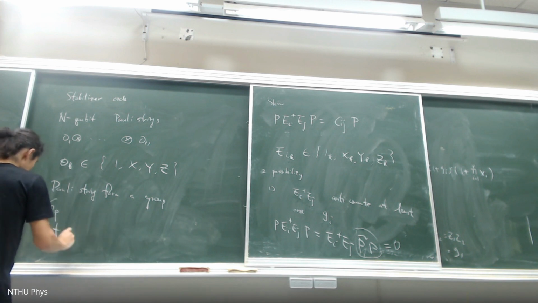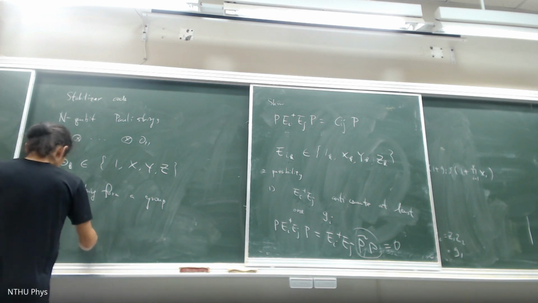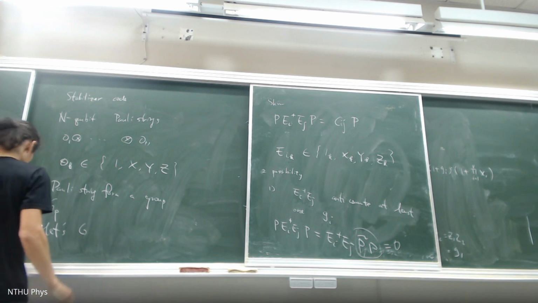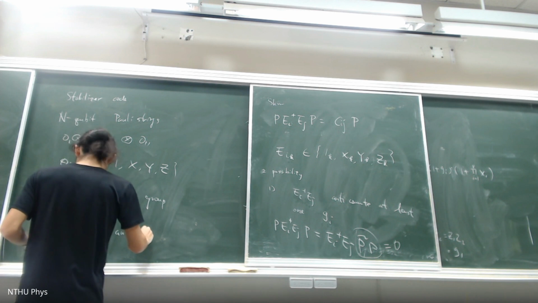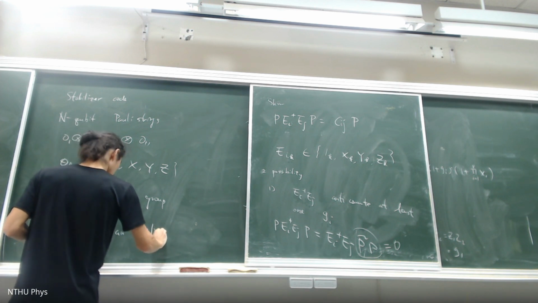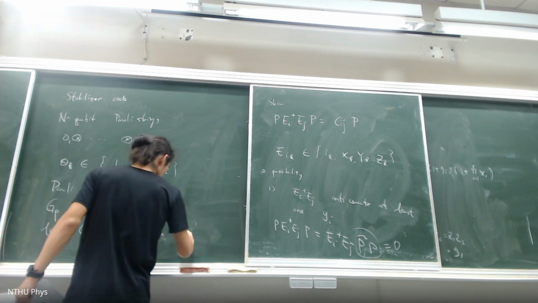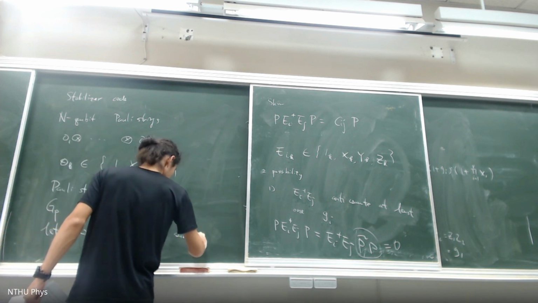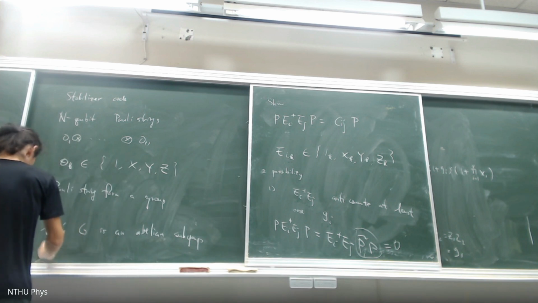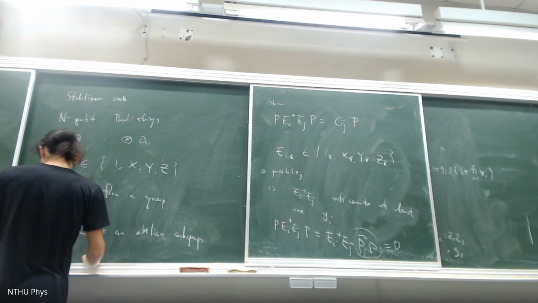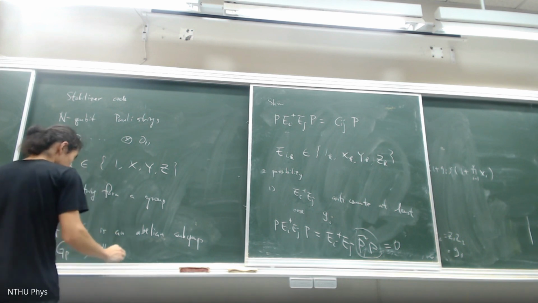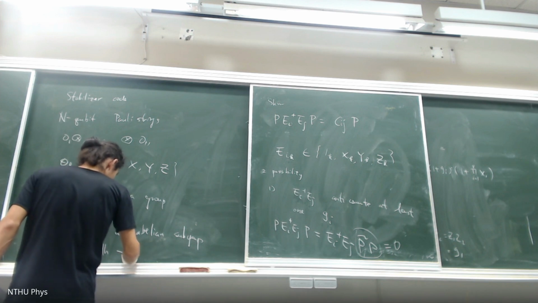This group of stabilizer G is an abelian subgroup of GP, that commutes with all the elements, but we will exclude the minus identity.